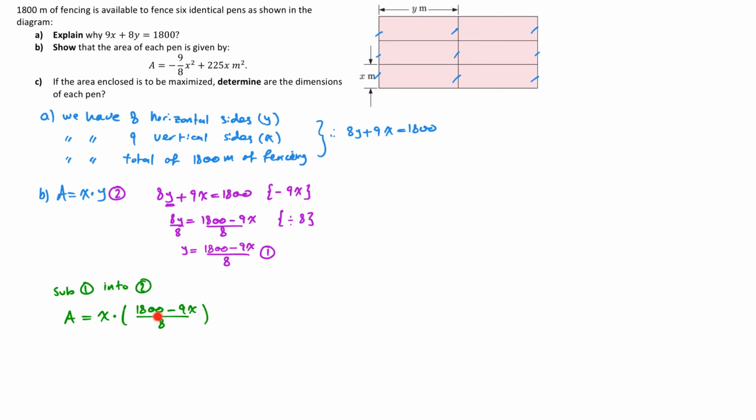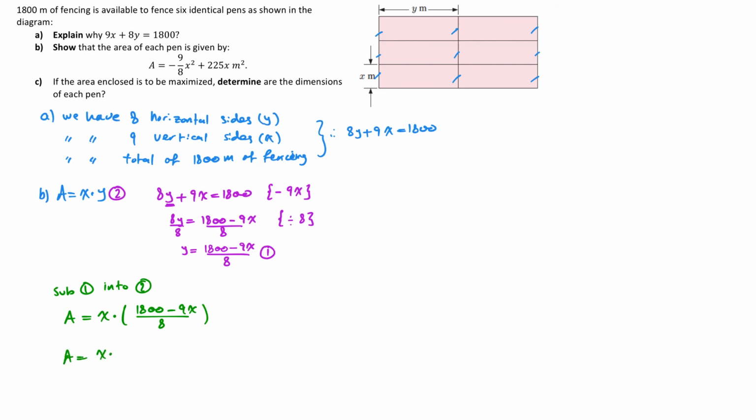So what we can do here is many different things, but one of the ways to do this is to separate this fraction into 1800 divided by 8 minus 9 over 8x. I'm going to grab my pen again, and I'll keep writing with green.